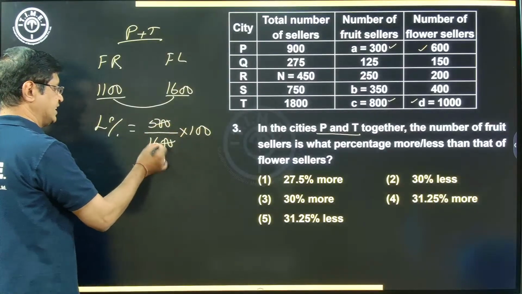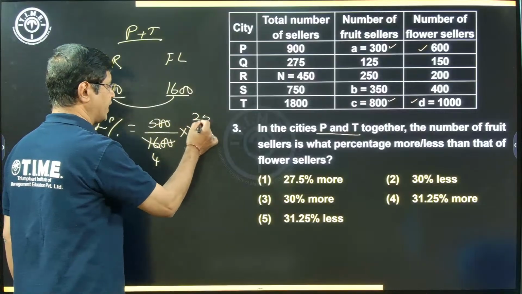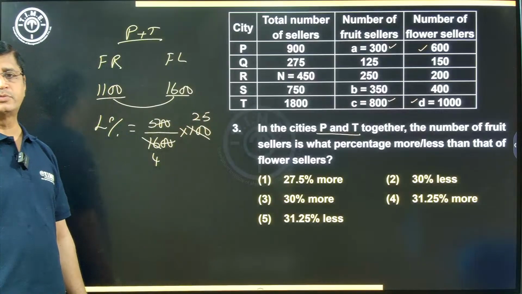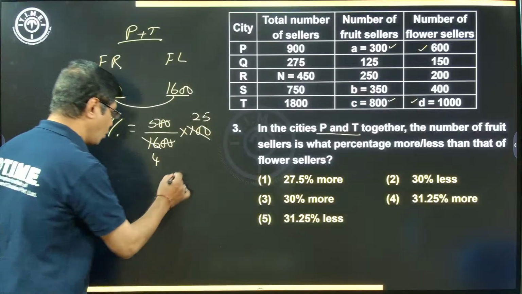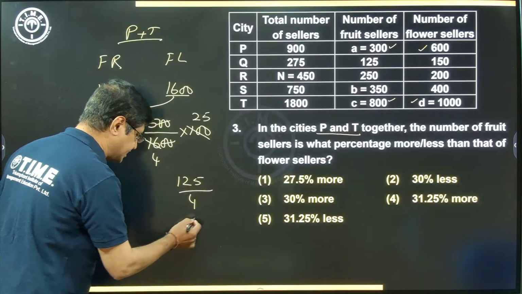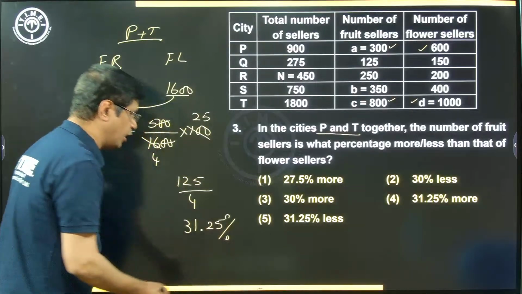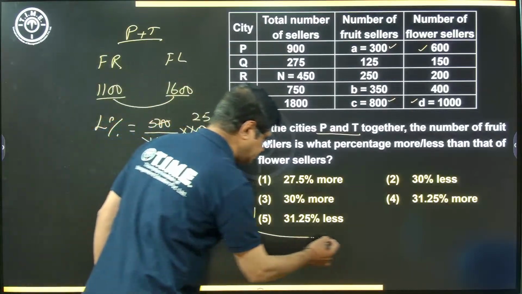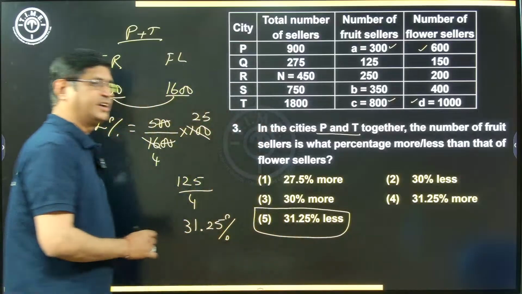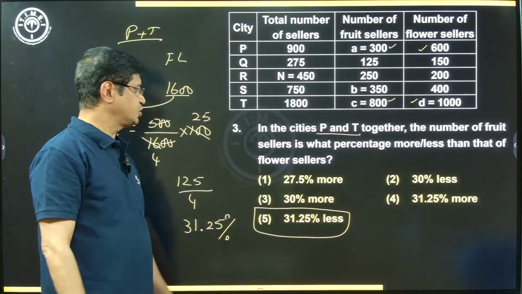Zeros we can cancel. 4 times 16, 125 times. 5 times 25, that is 125. 125 by 4. The result is 31.25% less. Option 5. What is the right answer? Choice 5. Mark the answer as choice 5.